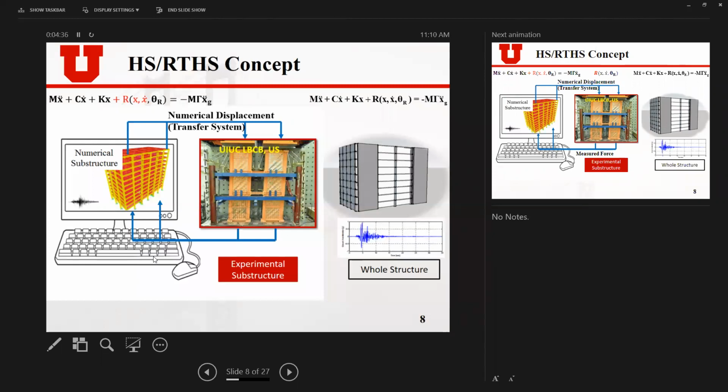This measured force is sent back to your numerical substructure, which includes the next step earthquake input and calculates the next step numerical displacement. This loop runs from the first step of your earthquake to the end of your earthquake record to provide the result.